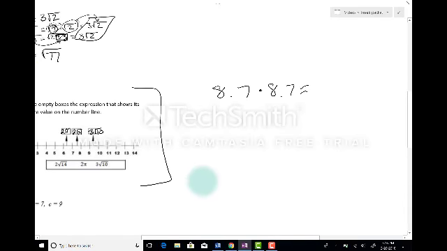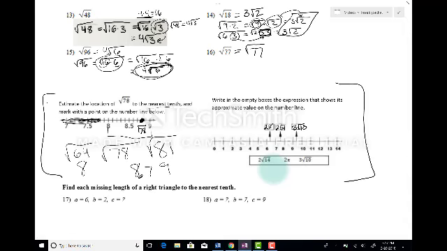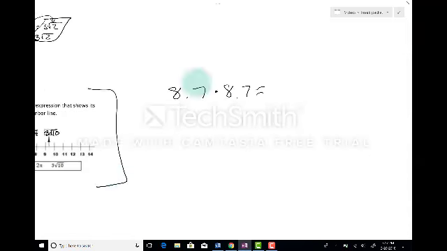So 8.7 times 8.7 is, if you don't have a calculator at home, you can always use Google. So 8.7 times 8.7 gives me 75.69.